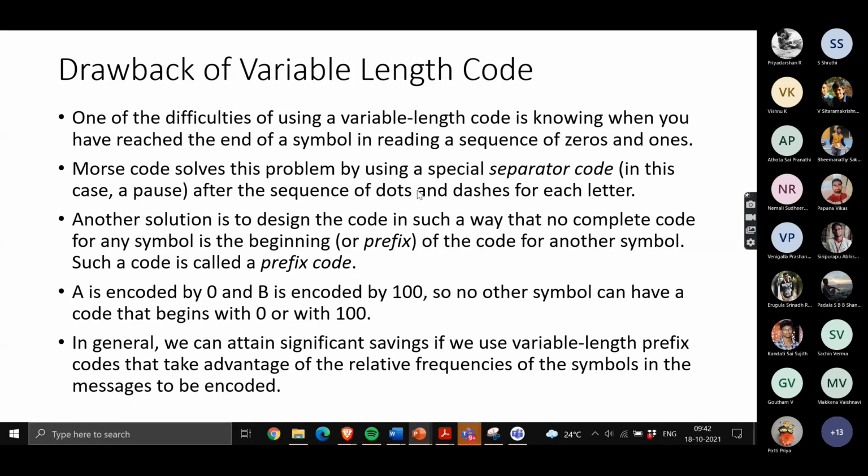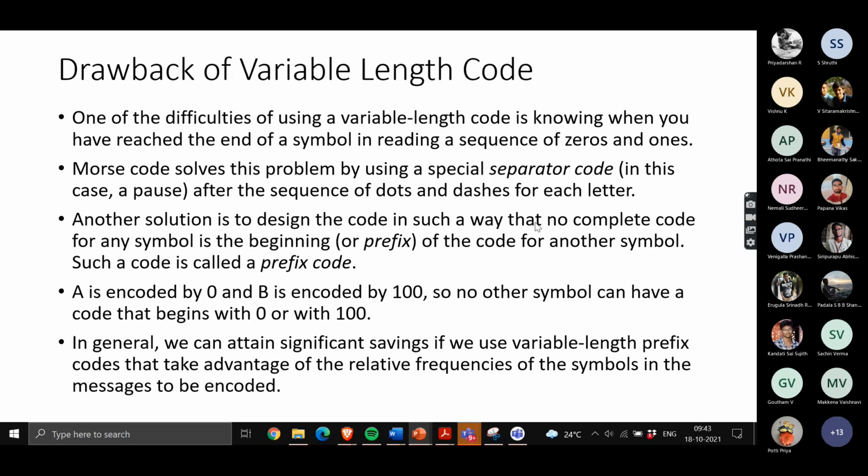The variable length code is framed on the concept that, for example, in the English language, E is a character which is often used. If you look at the slide itself, E will occur more number of times. So if any character occurs more often, it will be represented by a smaller length binary code. Here in Morse code, they are using a single dot for representing the symbol E, because E is the most occurring symbol in the English language.